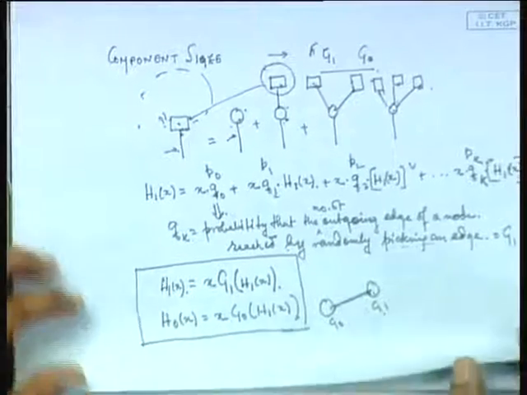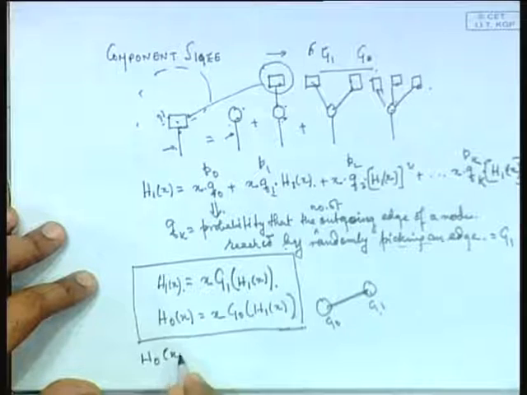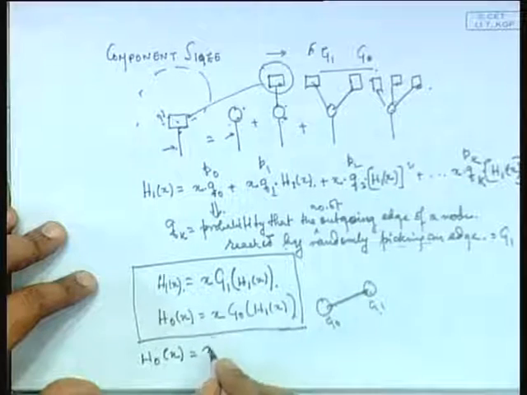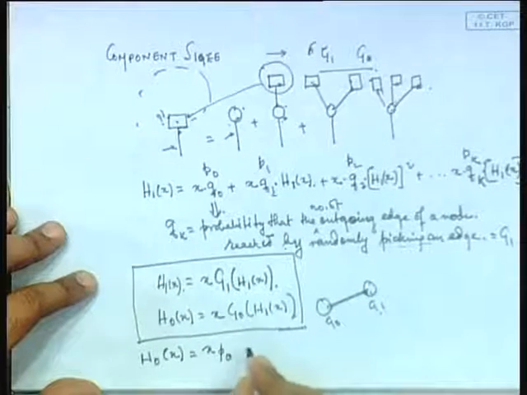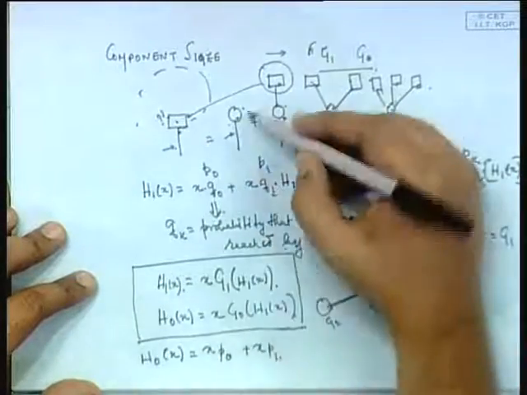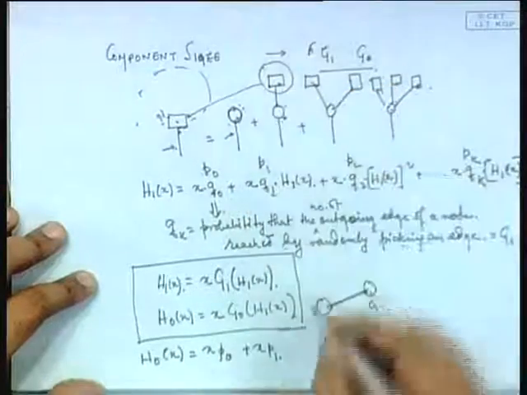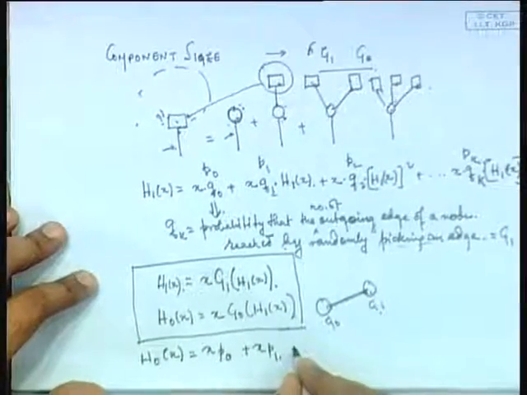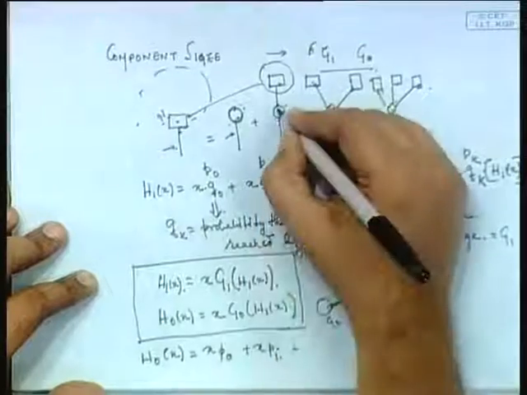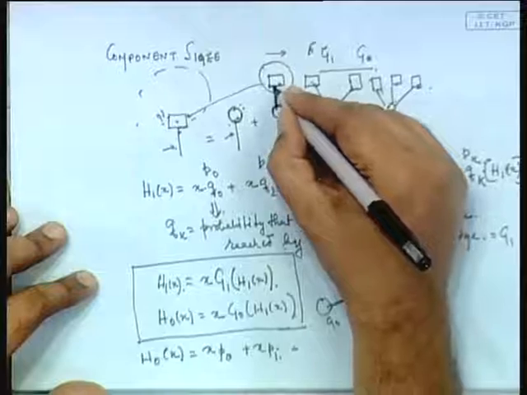So, let us expand it and write H0(x) is equal to x·P0 plus x·P1. X·P1 means you have one edge, you are here, you have one edge.